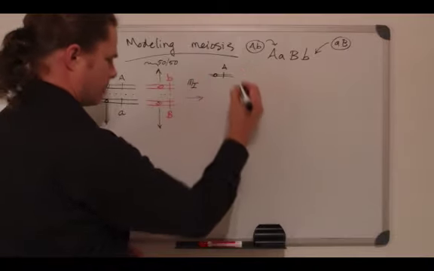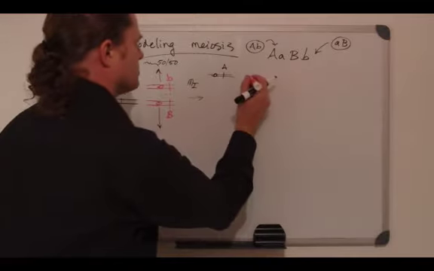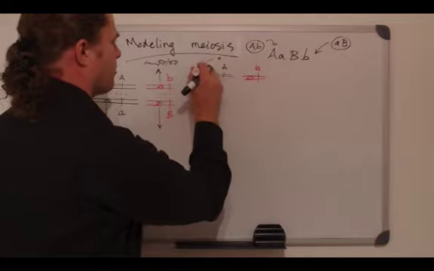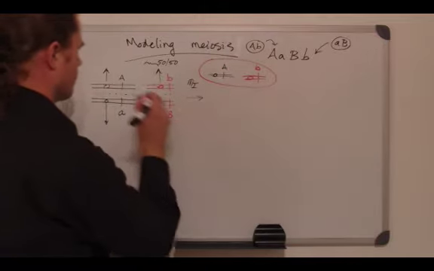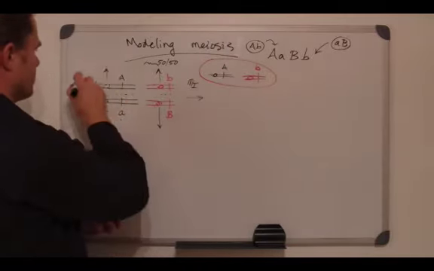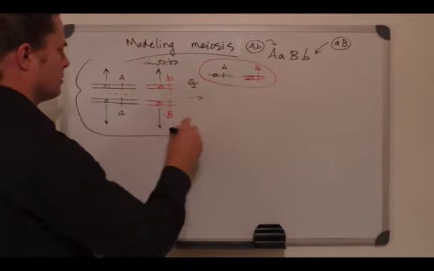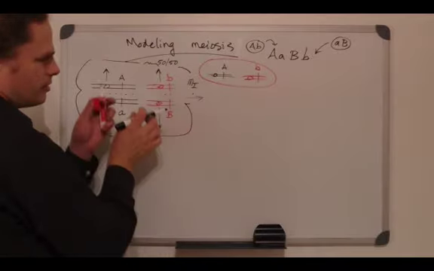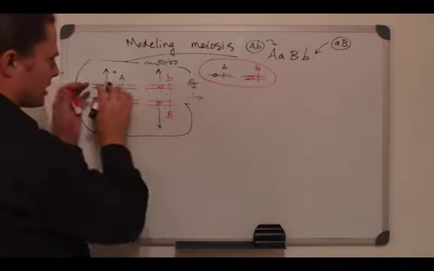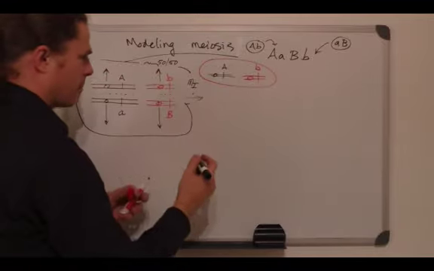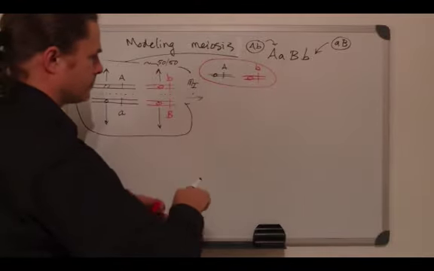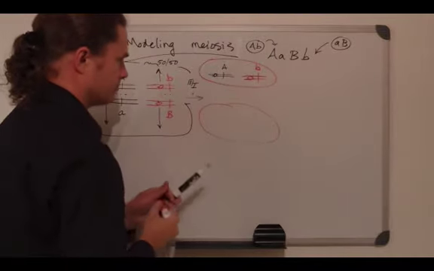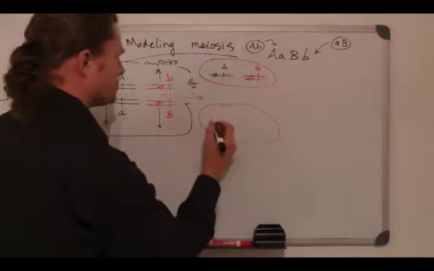So we have the big A there, and we have a little b there, and now this is actually one cell, because after the chromosomes are pulled to the poles, then cytokinesis will actually split this cell in half. So we'll have that being the one cell, and then the other cell will get the other chromosomes.